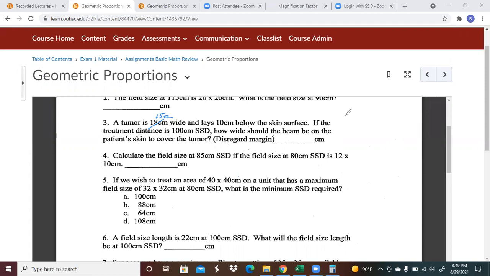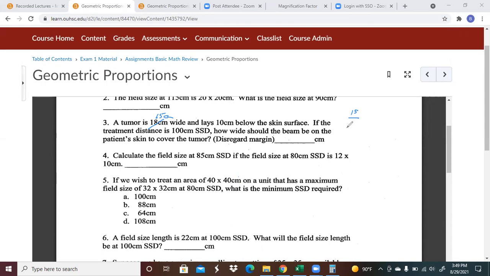So if we're doing an SSD treatment and the tumor is 15 cm wide and it lays 10 cm below the skin surface, that means 15 at, if we're going to cover the entire thing, it's got to be 15 cm at 10 cm below the surface. So it's going to be 100 plus 10.